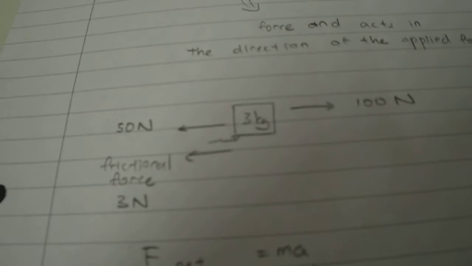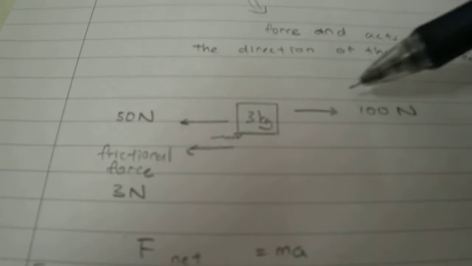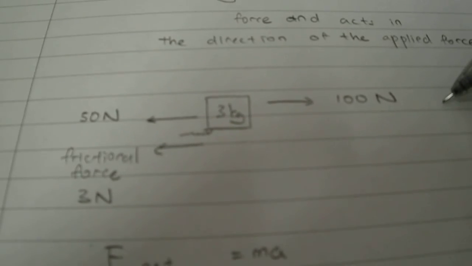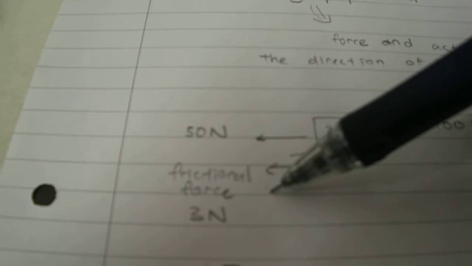So let's take this for an example. Let's say this object, which is 3 kg, is being pulled by me using 100 Newton. I'm pulling it this way, so this will be the motive force. But my sister is also pulling on this side with a force of 50 Newton. At the same time, because it's on the floor, there's frictional force acting on it. The frictional force is 3 newtons.